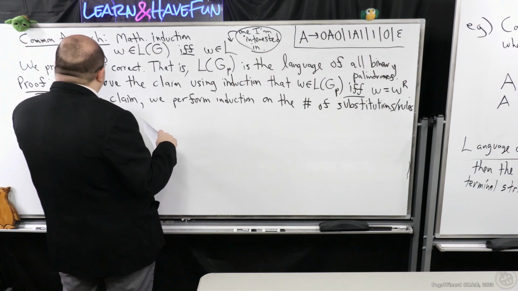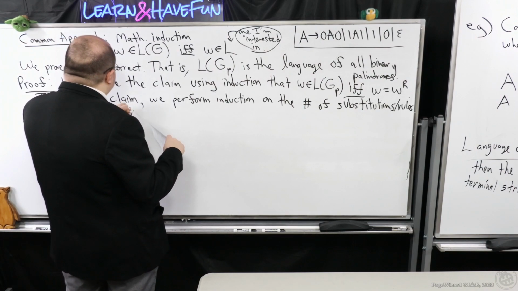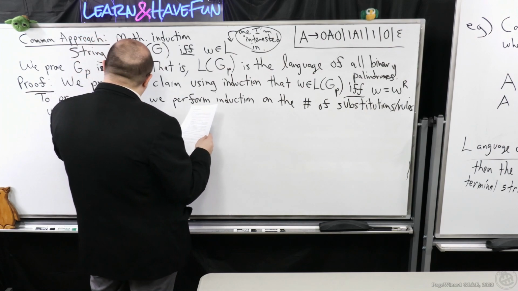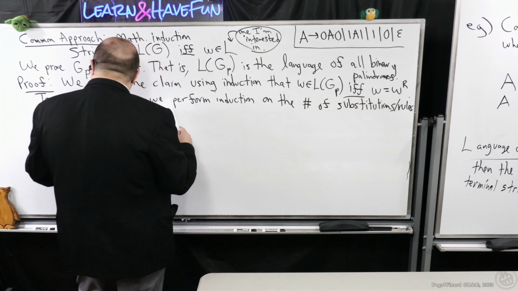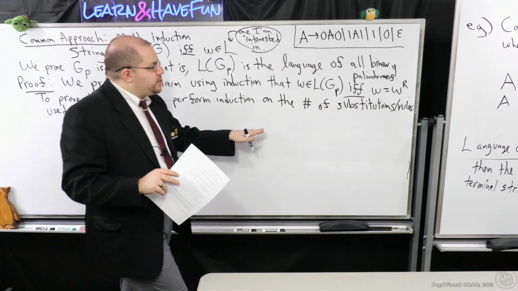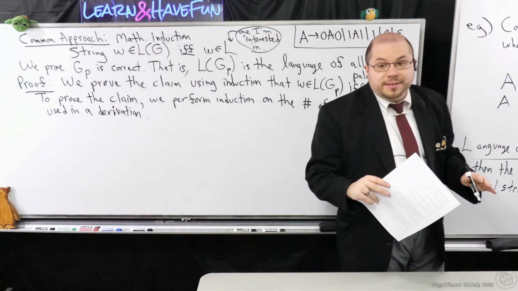I thought I would start with this because we haven't done any examples like this up to this point for context-free languages. Really, we haven't played around with grammars enough. So we're going to perform induction on the number of substitution or production rules applied.